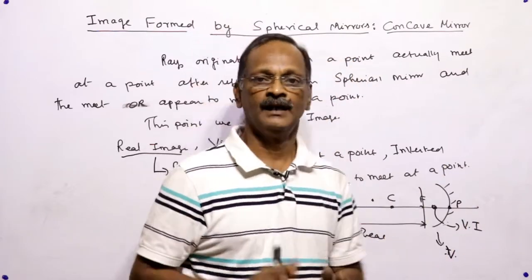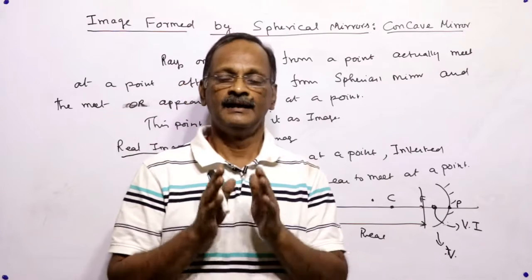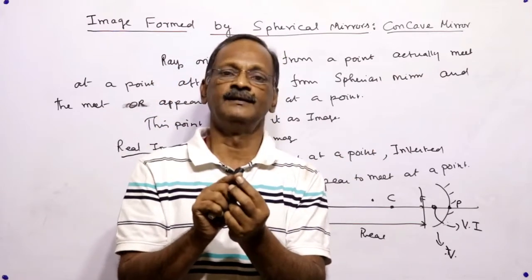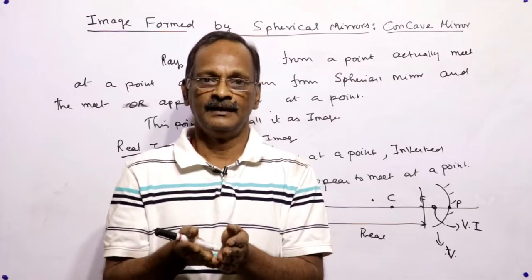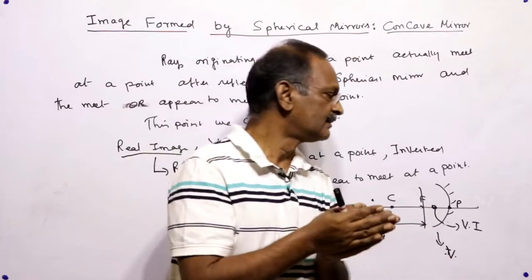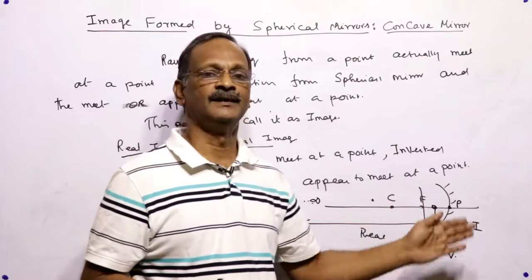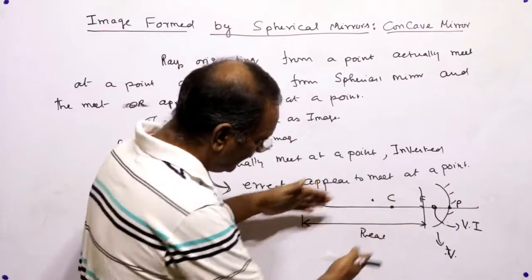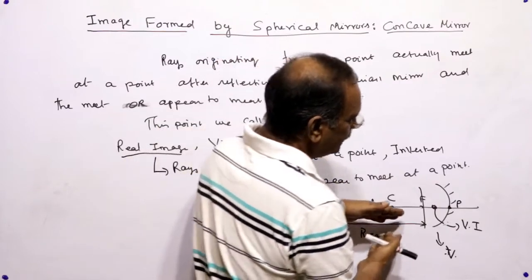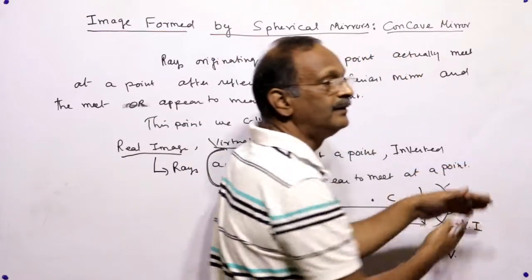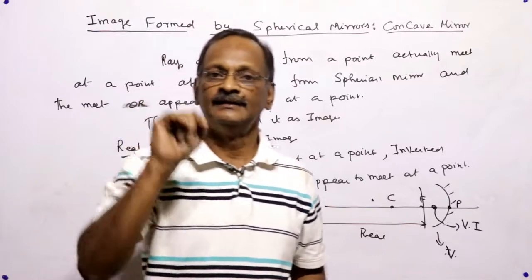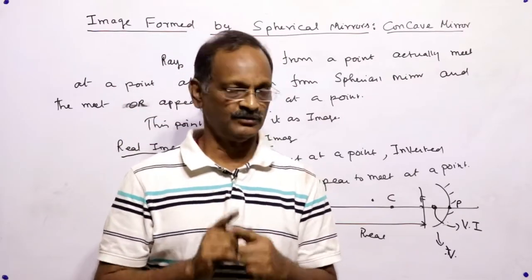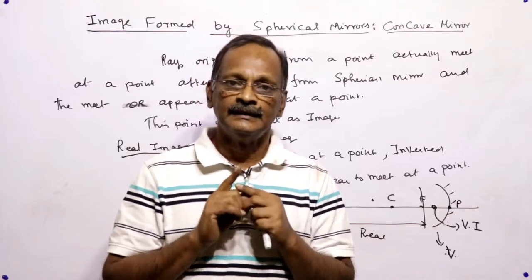For a real image, all the rays converge at a point in front of the concave mirror. A virtual image is formed when the rays do not meet in front of the mirror, but when produced backwards they appear to meet at a point. That virtual image will always be erect.